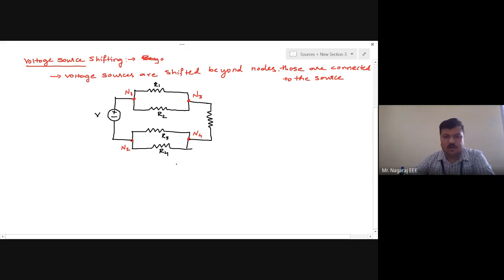Now what should we remember when I want to shift the voltage source? This is extremely important: the potentials of the components should not change.